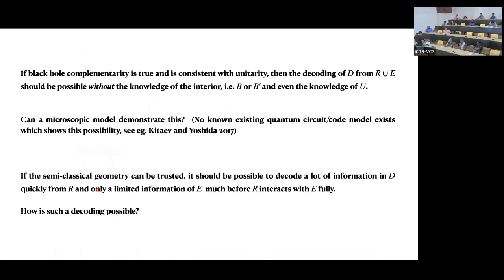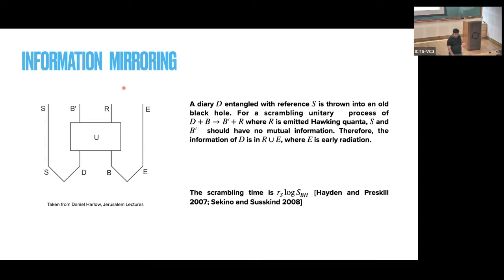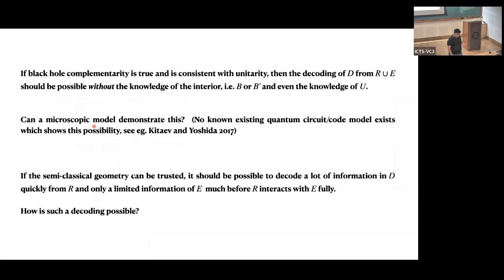And then there's another thing, that we thought we should have a microstate model. When we started looking at the literature, we asked whether there's some existing quantum circuit or code model where a Hayden-Preskill-like decoding is possible without knowing anything about B prime and without knowing anything about U, where you can write some decoding map, some V operator, that doesn't require knowledge of U and B prime, and for which the black hole is like a microcanonical ensemble.